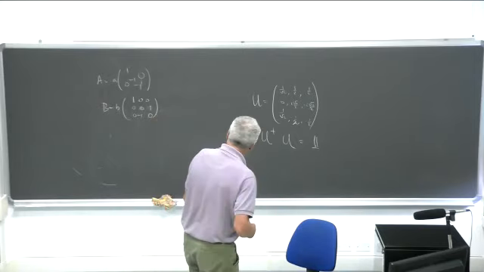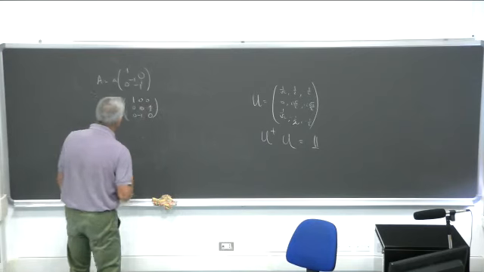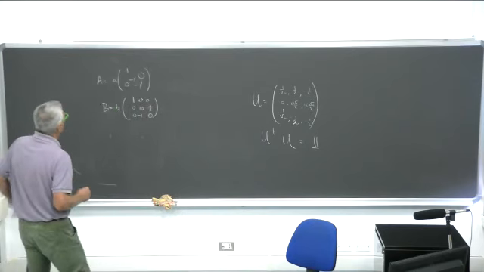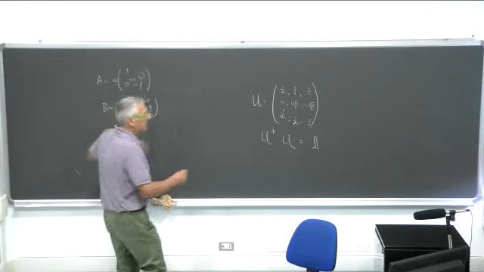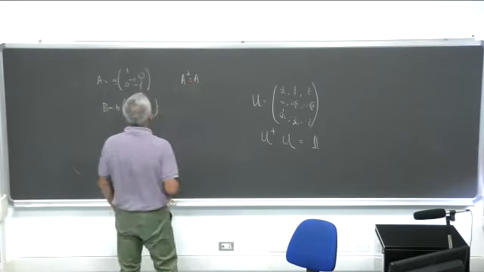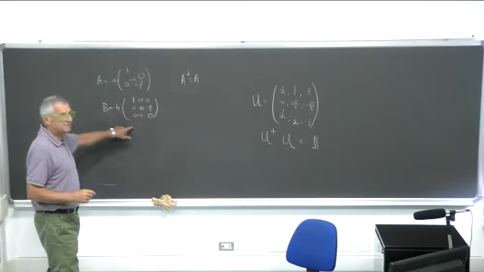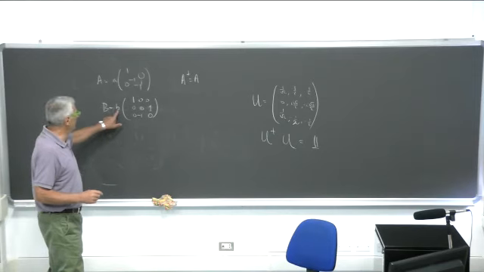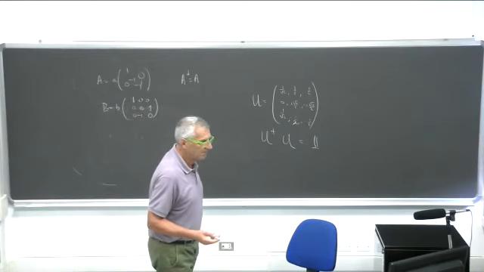Now, with this choice, one may be a little bit confused because if A is real, this is Hermitian, clearly. But this is not Hermitian, right? For any choice of B. You agree?